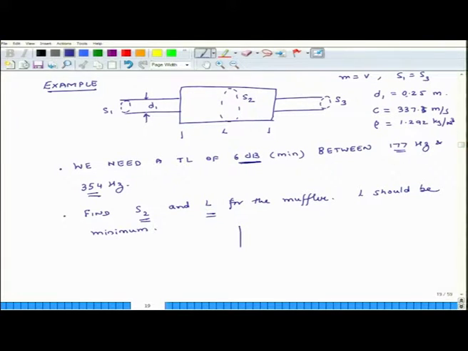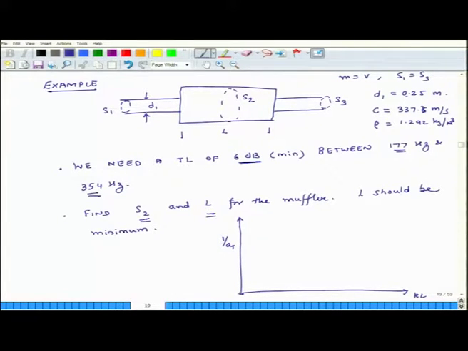Now, in the last class I had shown that if I plot on the x axis KL and on the y axis, let us say, 1 over AT, then the unit of KL is radians.